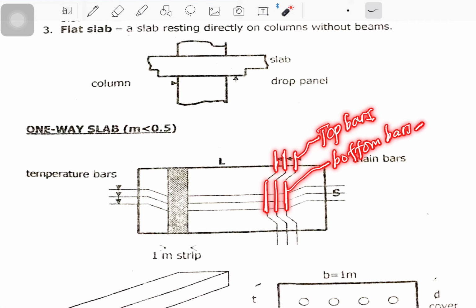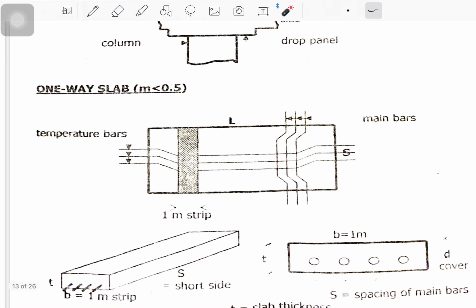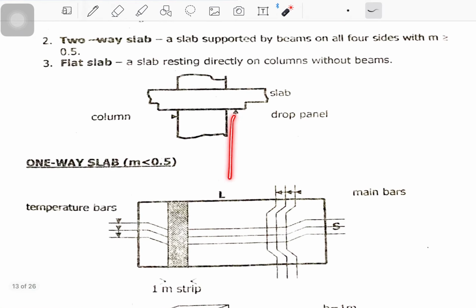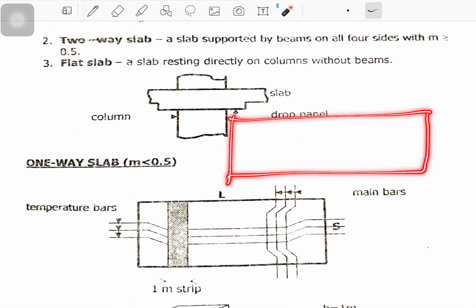So your reinforcing bars are cut at this point. For the section, you have this slab, with these top bars and these bottom bars. That is for the cut-off.